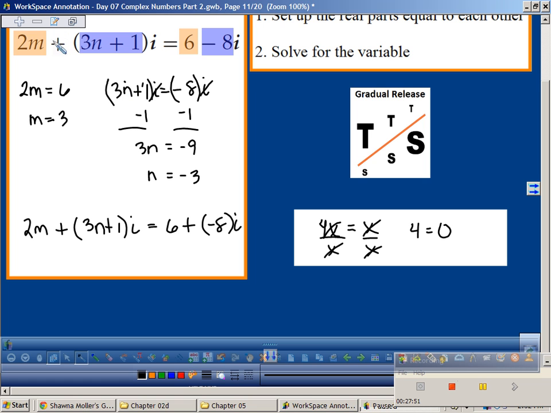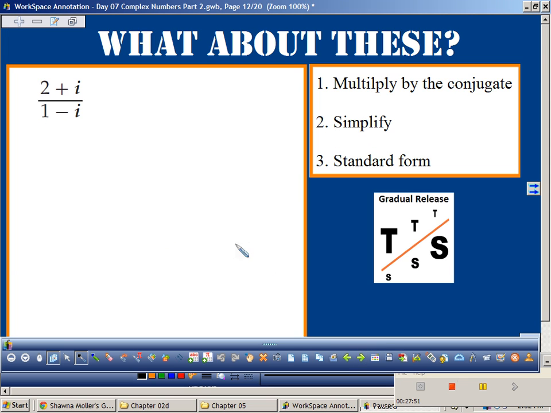No, that's why we're doing this part equals this part. The real equals the real, and the imaginary equals the imaginary. Oh, because I thought it was all one thing. No. Okay? Last one. You guys try this one.